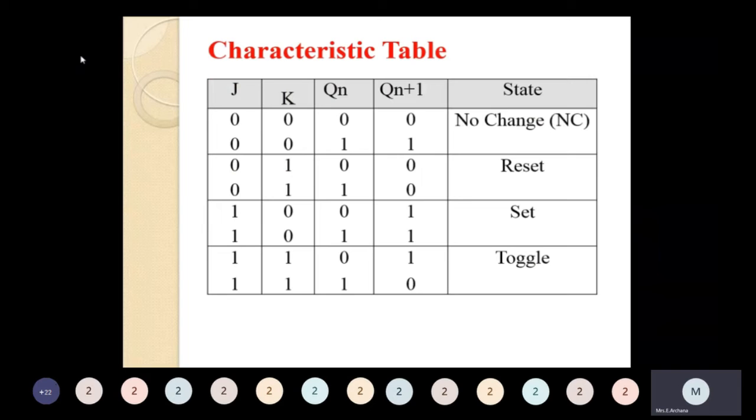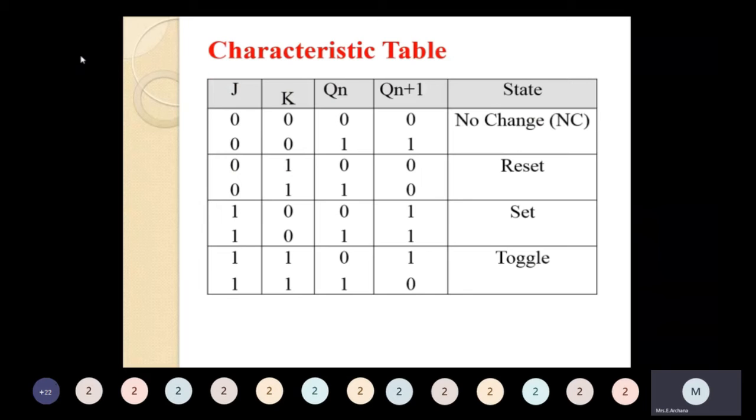state as a toggle. When my J and K inputs are 0, 0, when my present state is 0, the next state is also 0. When my present state is 1, the next state is also 1. So we can call this state a no change.